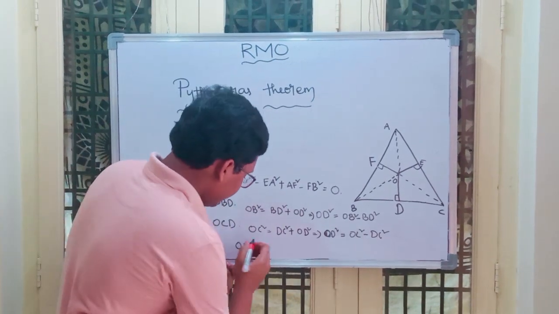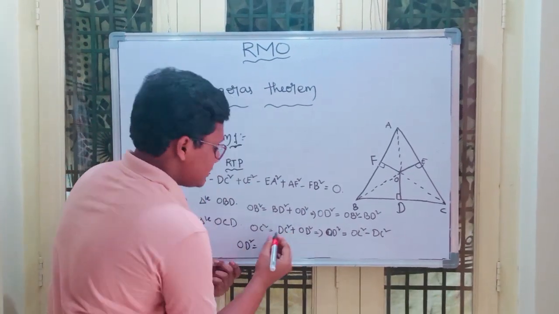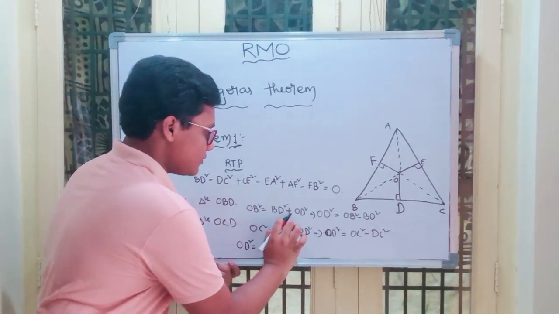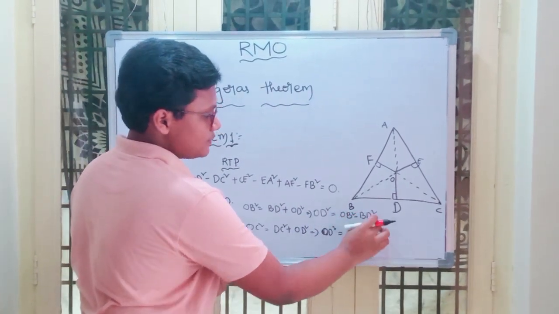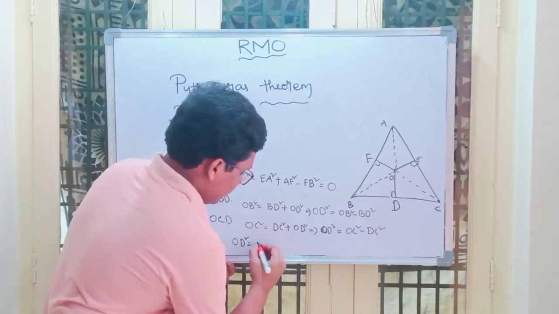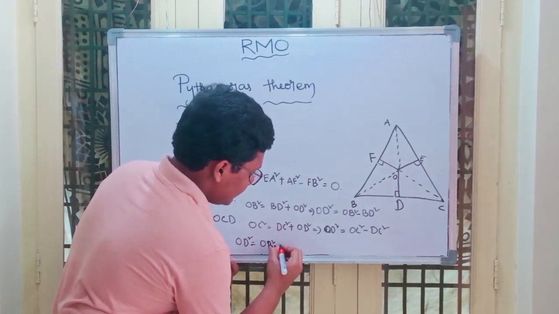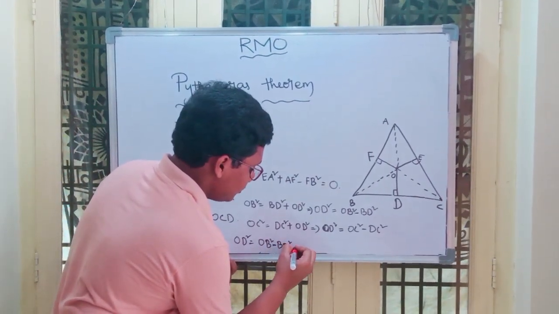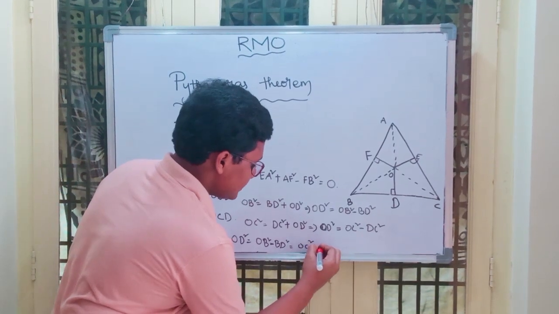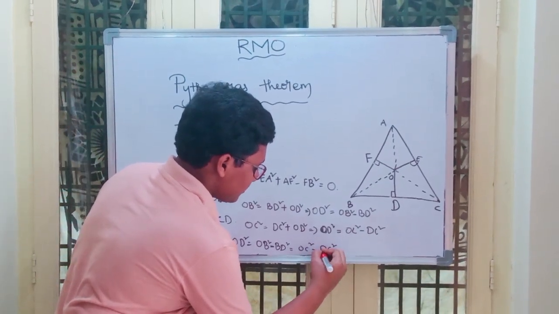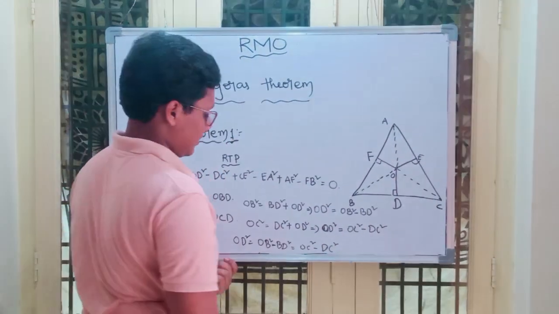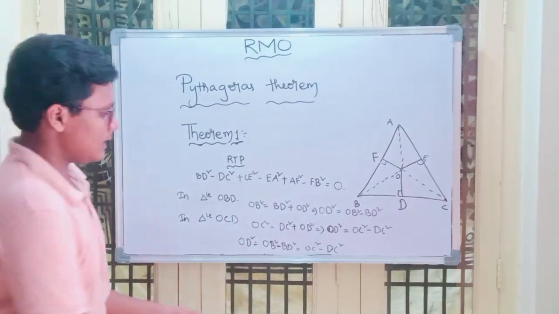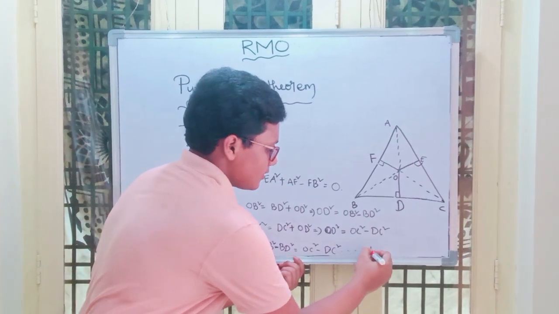So OB square minus BD square is equal to OC square minus DC square. Is this clear? And this is the first equation.